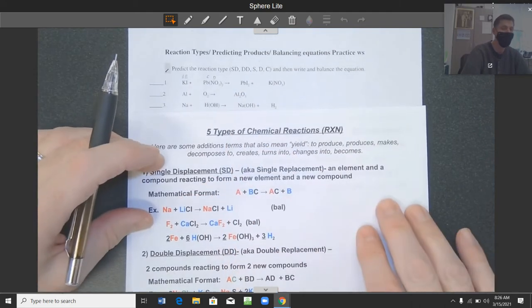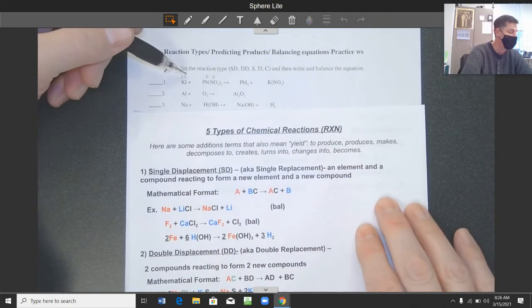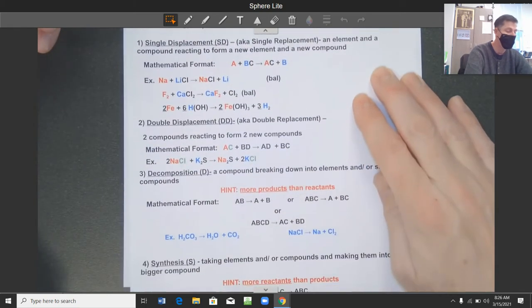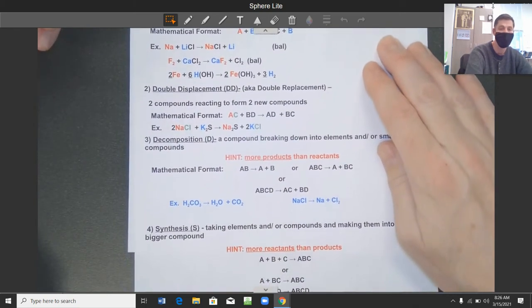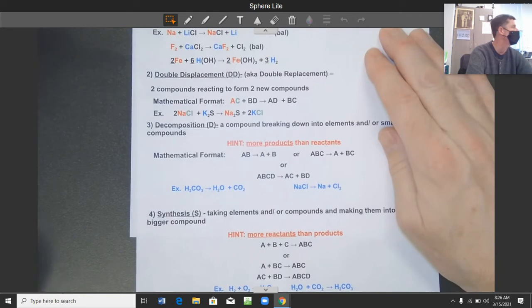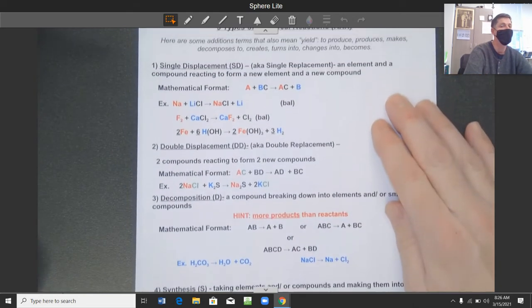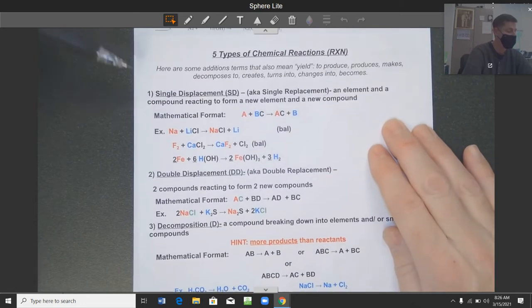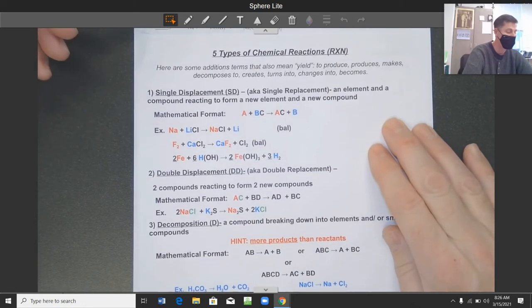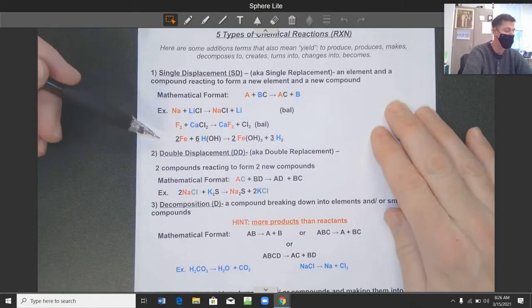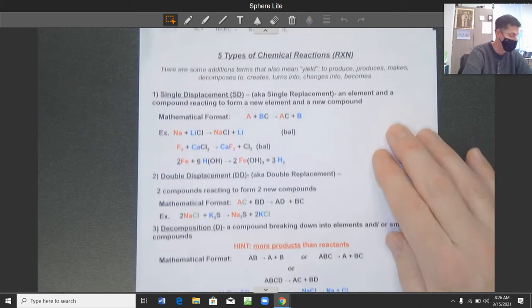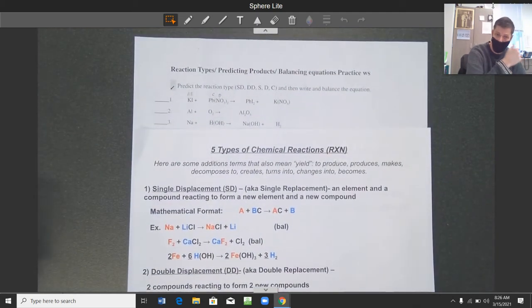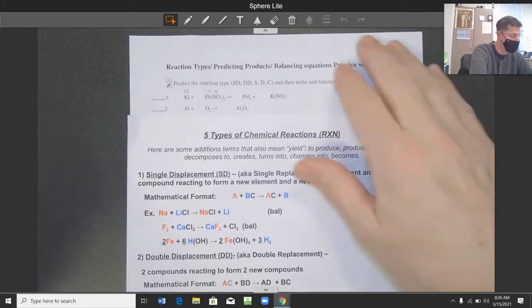Now, if we look through that list, do I see anything that follows that mathematical format? Well, it's kind of a hint. Actually, I changed something here, so you're not going to find out from that.